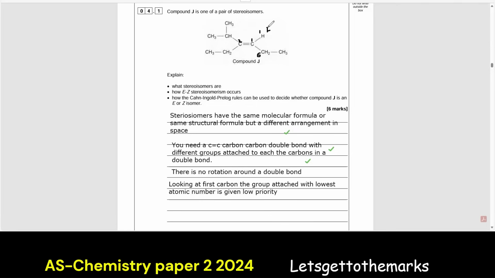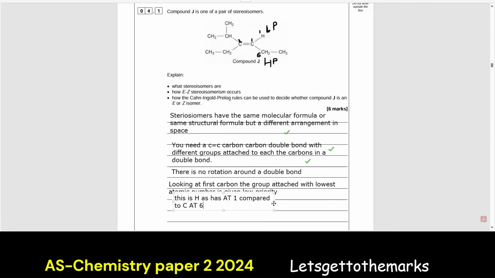Therefore, this becomes low priority, LP, and this group becomes the high priority group. So looking at first carbon, group attached with lowest atomic number is given low priority. This is H, as it has atomic number 1 compared to C, atomic number 6.